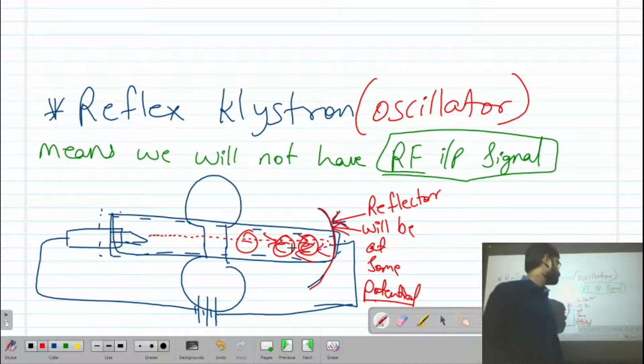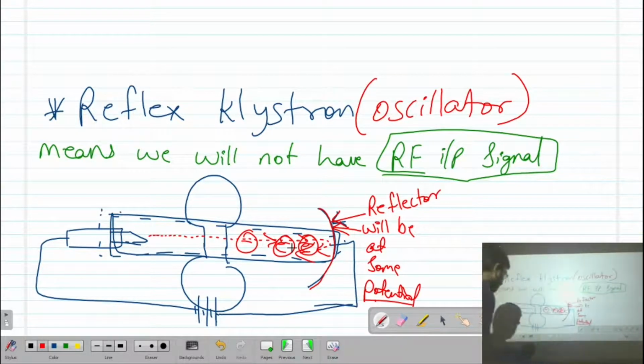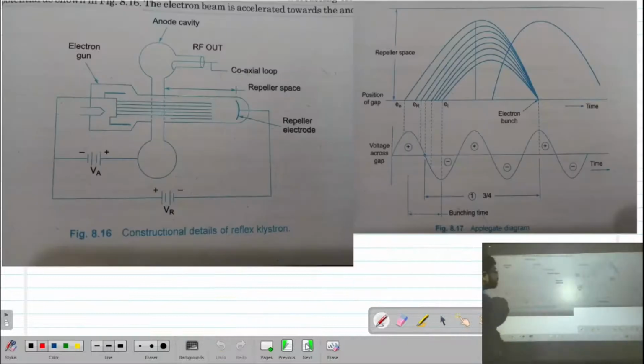Let us see the basic construction of the reflex klystron. We'll see everything one by one. This is the electron gun.